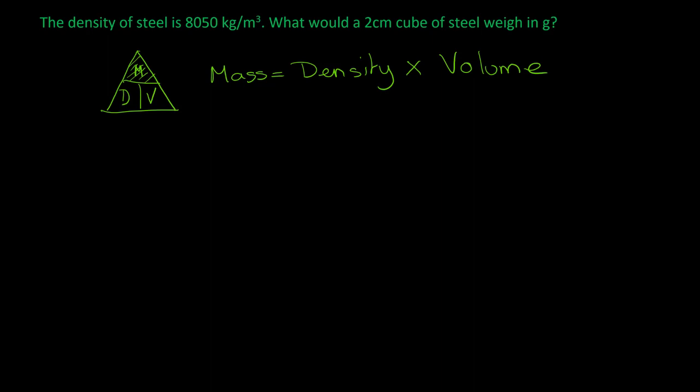Now we want the weight in grams at the end, but notice the density is given in kilograms and in meters cubed, and our measurements are in centimeters, and we want it in grams, so we need to do some transformations here.